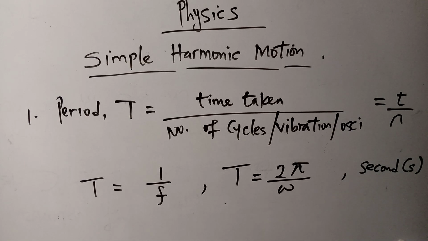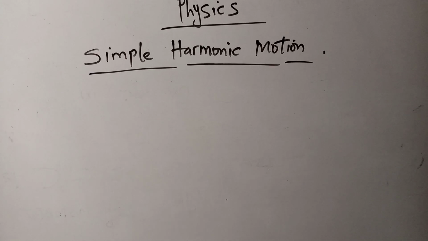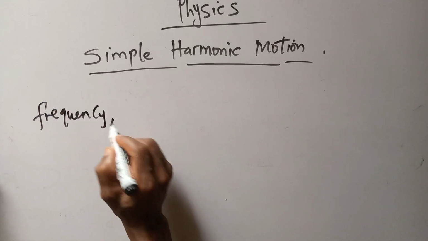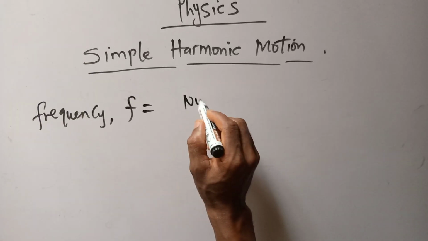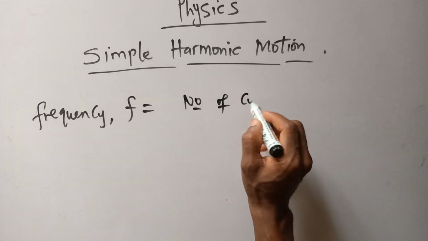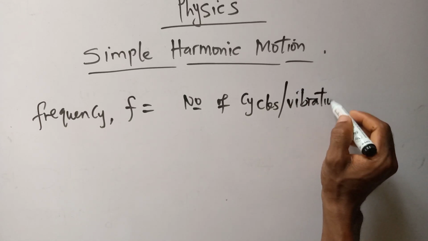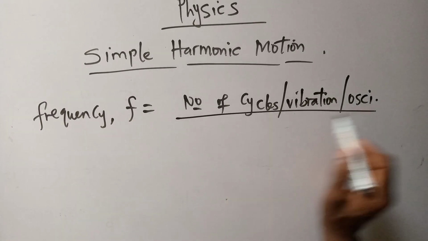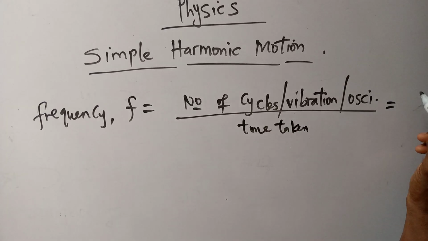Now quickly, let's check the formula for frequency. The frequency f of a simple harmonic motion can be calculated using the formula number of cycles, or vibrations, or oscillations, divided by time taken, written as n over t.